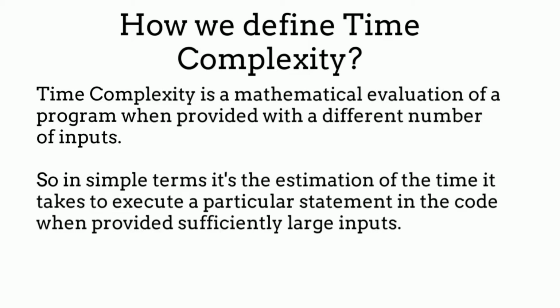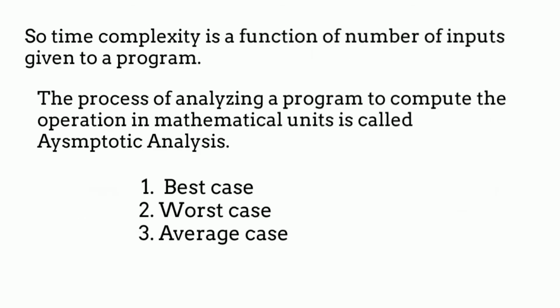Comparing both of these codes, they have the same time complexity. So it is the time taken to execute a particular statement in the code when given a sufficiently large amount of inputs. So what is time complexity? It is nothing but a function of n, where n is the number of inputs given to a particular program.